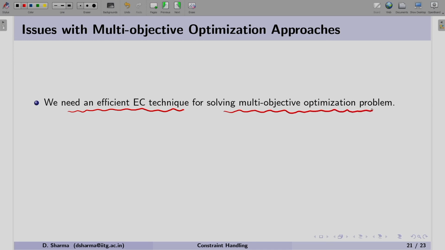Let us consider the first approach, where we want to minimize our objective function as well as minimize the constraint violation. If we have 10 constraints, the overall problem will have 10 plus 1, that is 11 objective functions. Why? Because every constraint is converted into an objective function.